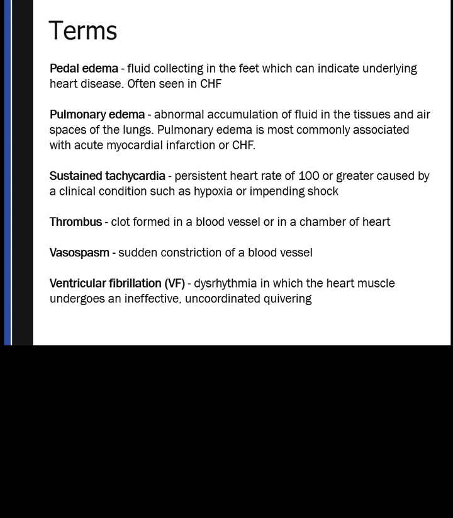And the way that we see this, and this is really quite serious, okay? The way we see this is that, again, fluid will follow the laws of gravity. So fluid will have a tendency to collect in the lower extremities. That is known as pedal edema.